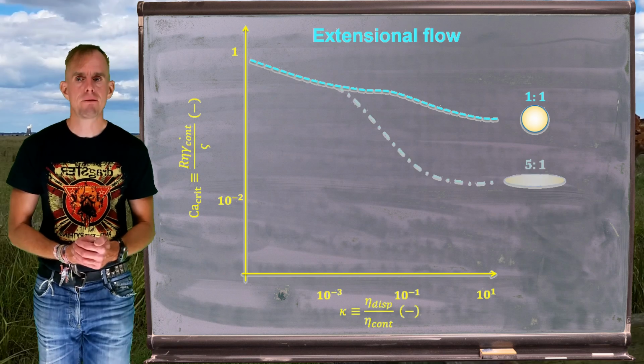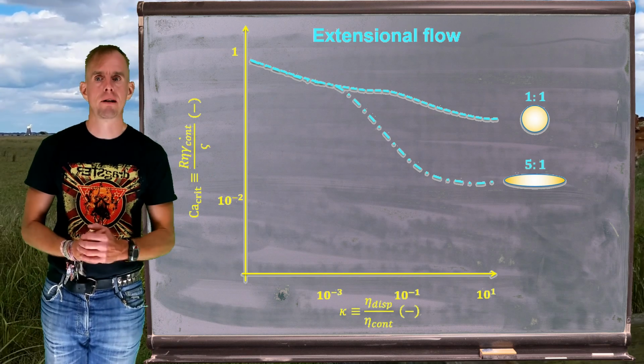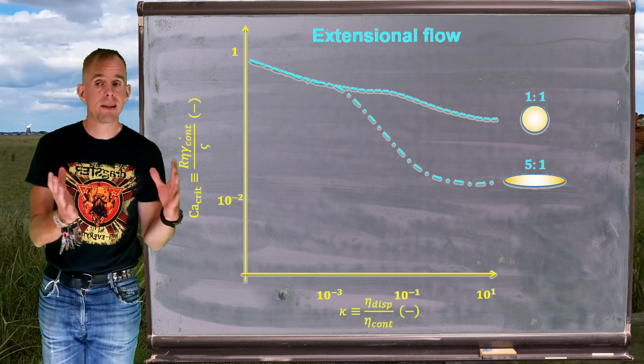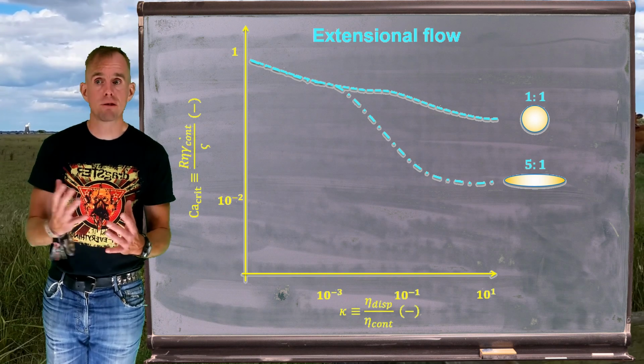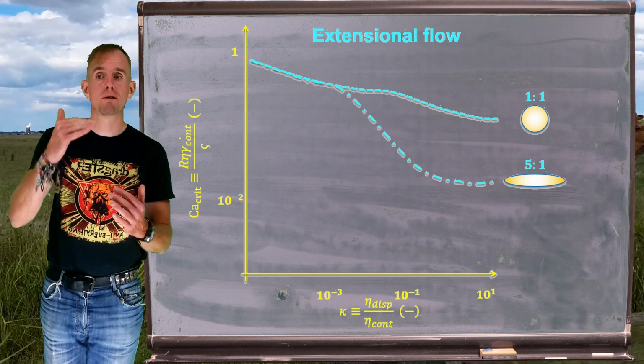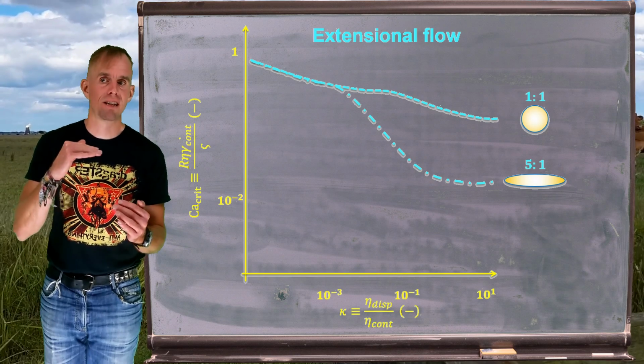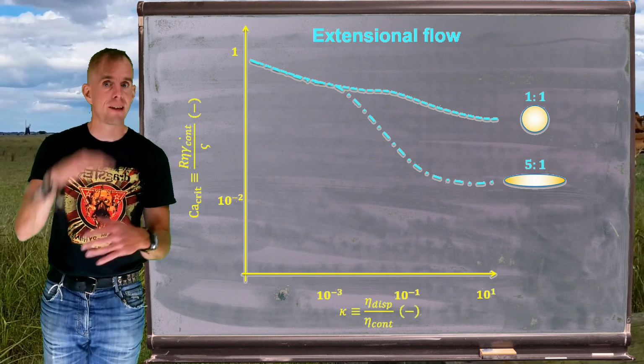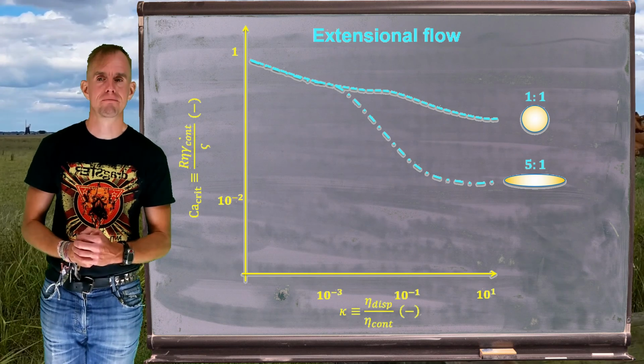Now, if I look at 5:1 aspect ratio ellipsoids, I can see that at high kappa, high viscosity ratio, droplets will break up at significantly lower capillary number, orders of magnitude lower than spherical droplets.